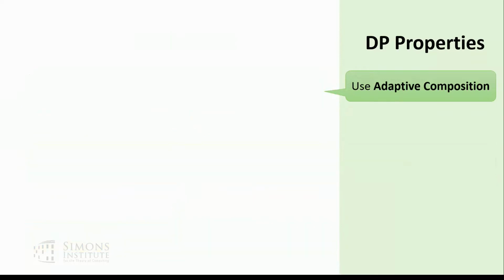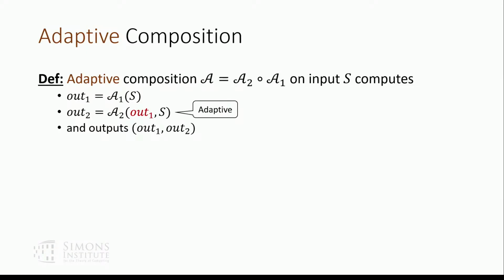All right. So I wanted to first tell you about this thing. What is adaptive composition? Well, we say that A is a composition of A2 and A1 on input S if it computes first A1 given the input, and outputs out1, and then A2 looks at the input as well as the output of A1, and outputs out2.